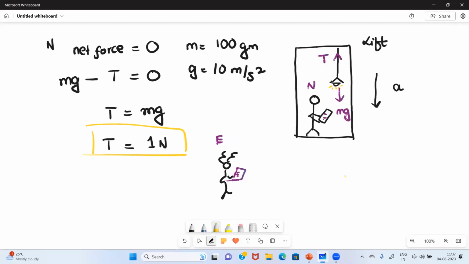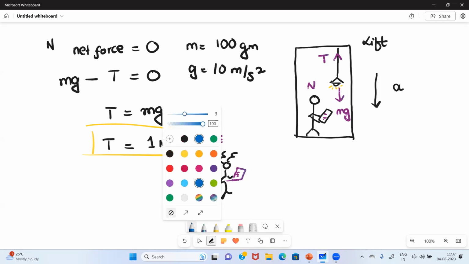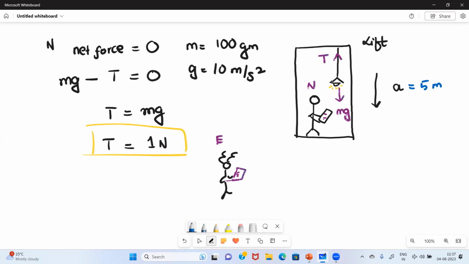Now let us say Mr. E is on the ground, and he is writing the equation. What will be the free body diagram for him for the same bulb, and what will be his value for tension? Let's say the acceleration is 5 meters per second square. Can anybody think of how to write the equation?